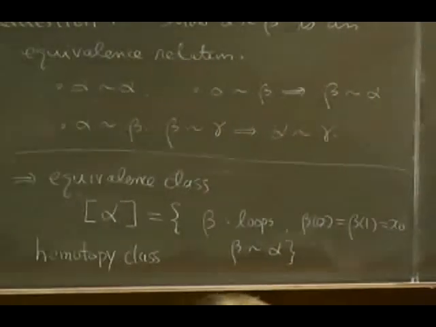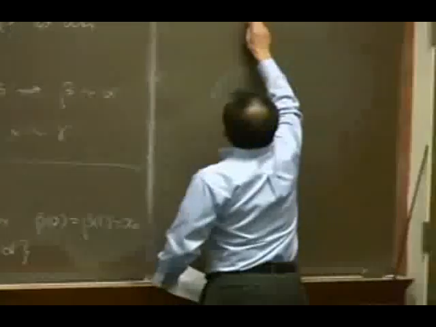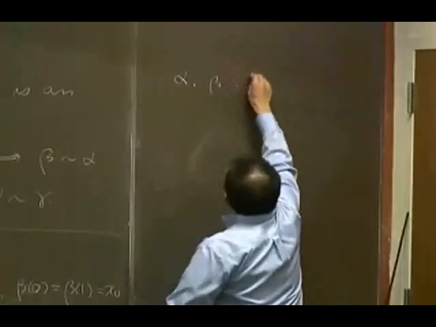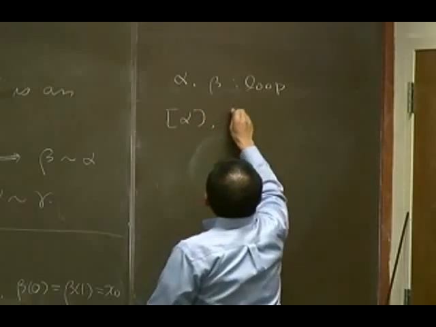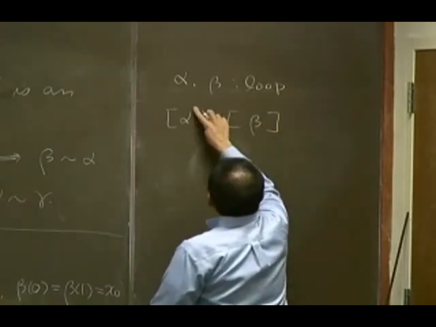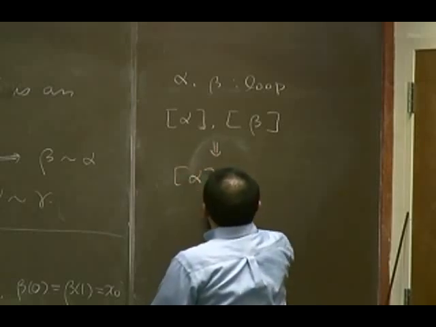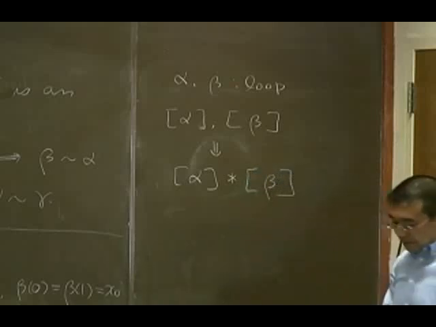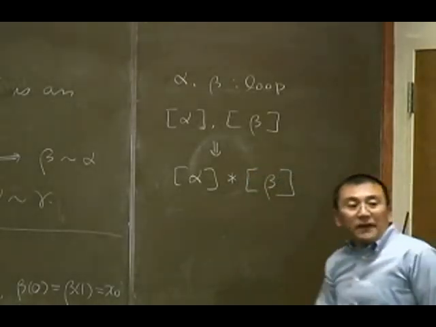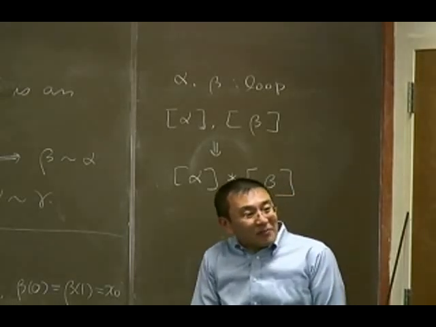We can introduce group structure. That is, if you have alpha, beta both being loops, then we can define the homotopy class, but not only that, we can also define their multiplications. It's very clear how we should be defining multiplication.